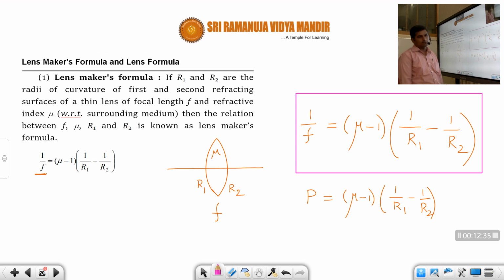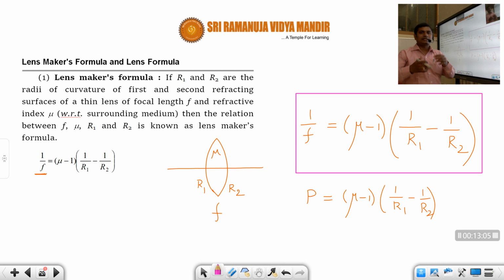Okay, students. So next, afterwards we have seen lens maker's formula and lens formula. Lens maker's formula is used for finding out the focal length of a given lens, provided the radii of curvature of the two surfaces of the lens are given, then we can easily calculate the focal length of the lens. As the name itself says, lens maker's formula is the formula which is used for making the lens.